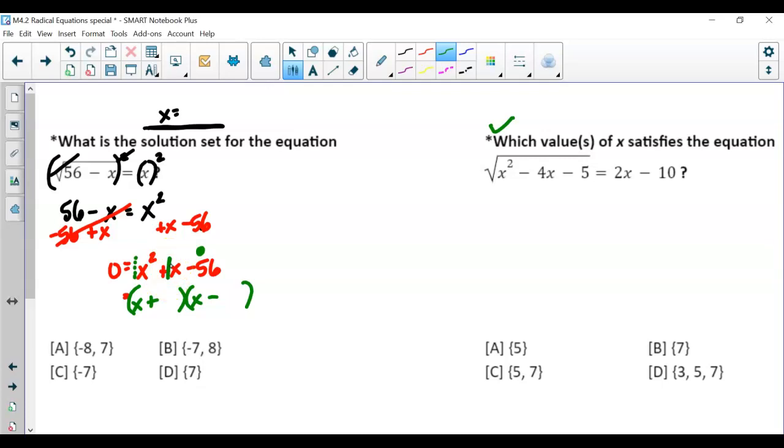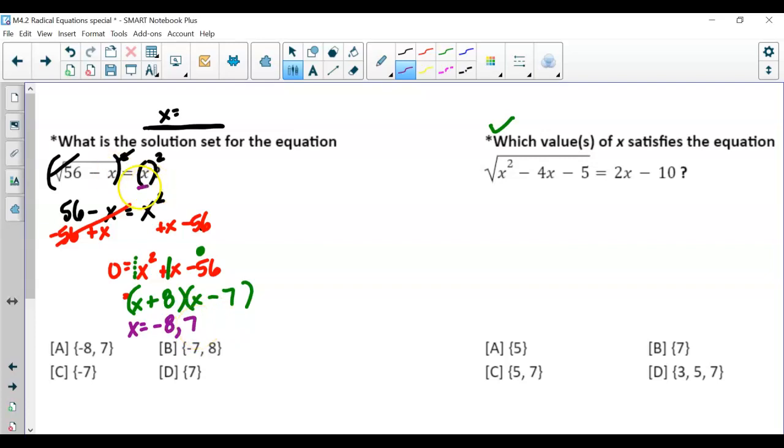Well, what factors are we focusing on for 56? 8 and 7, right? We just have to identify which are going to represent our signs here. So here, to get positive 1, positive 8 and negative 7, which means x is equal to negative 8 and positive 7. But then check for extraneous.